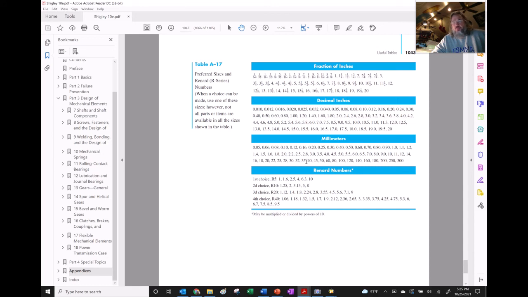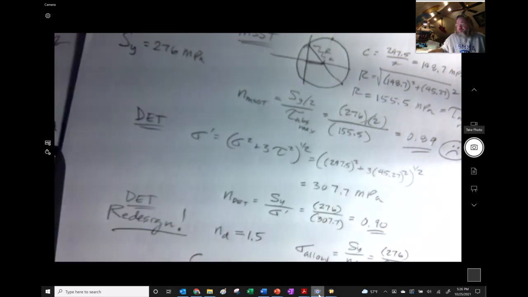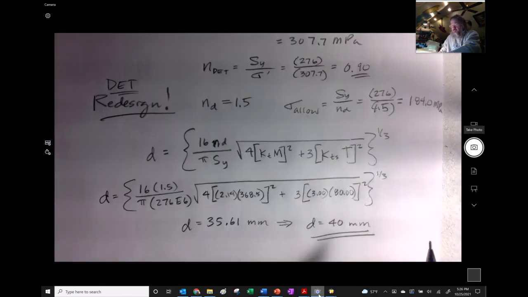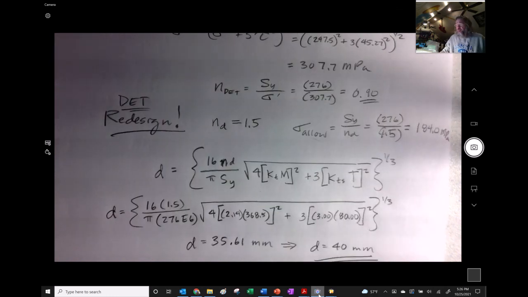No, 38 is what I mean. It goes 35 and then 40. So 40 millimeters is the correct redesign to use right there. The 40 millimeter shaft redesigned.